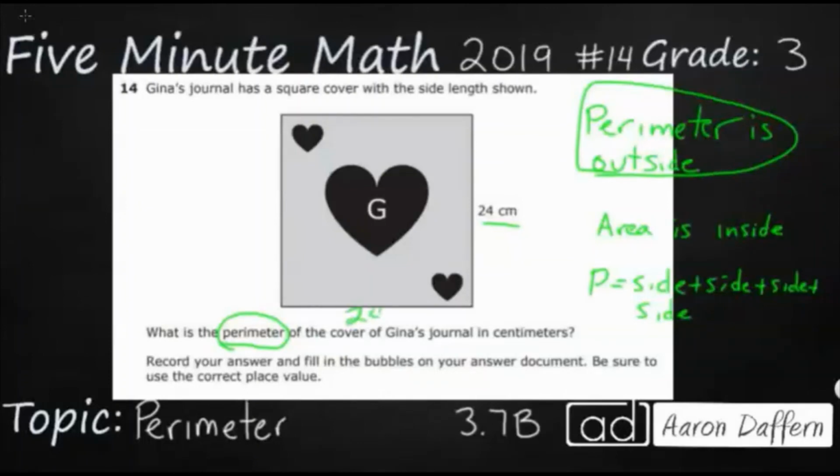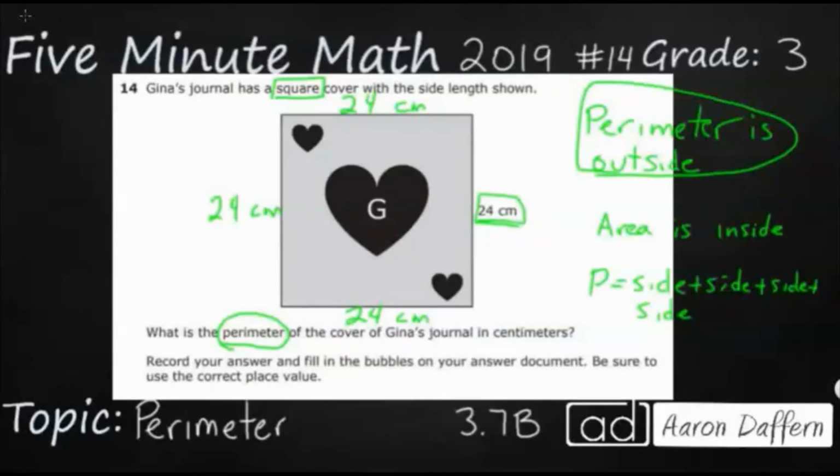Since it's a square, we know that squares have each side as the exact same length. So that's why they're not going to write for you this 24 all the way around. Since they said it was a square, you were supposed to figure out that squares have equal sides. And if you see 24 centimeters on one side, it is reasonable to say that each side is going to be 24 centimeters.